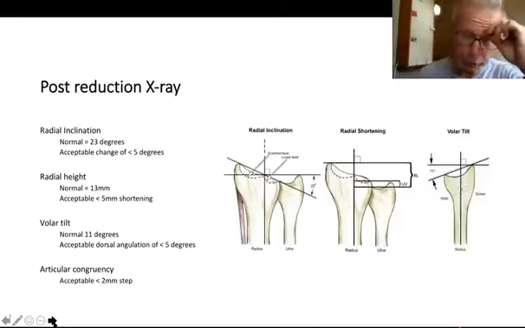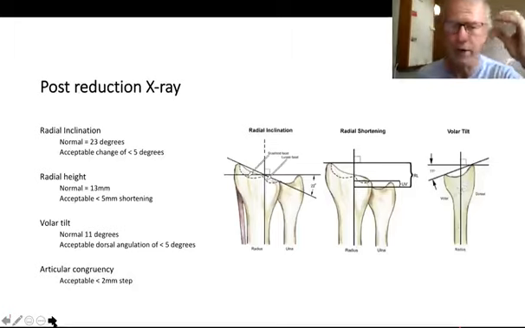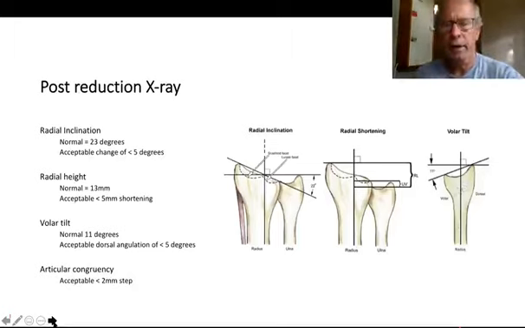Okay. So things to look for on your post-reduction X-ray. We're looking at the inclination of the radius, and if you look at the picture on the left, if you draw a line along the long axis of the radius, and a line along the articular surface of the radius, you can work out that angle of 22 to 23 degrees, which is what we call radial inclination. That is important.